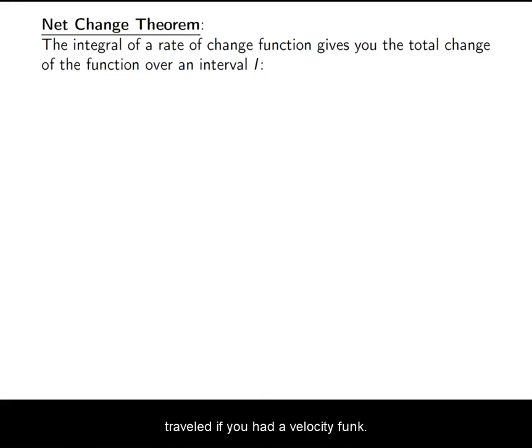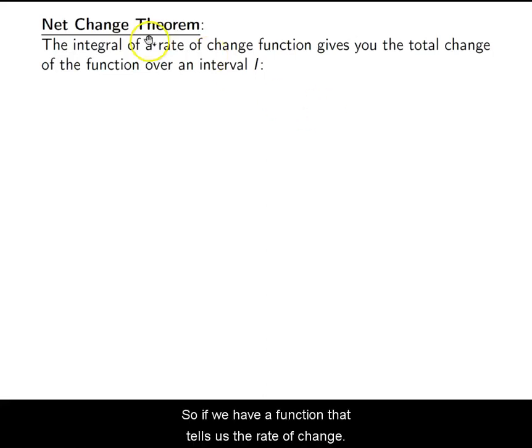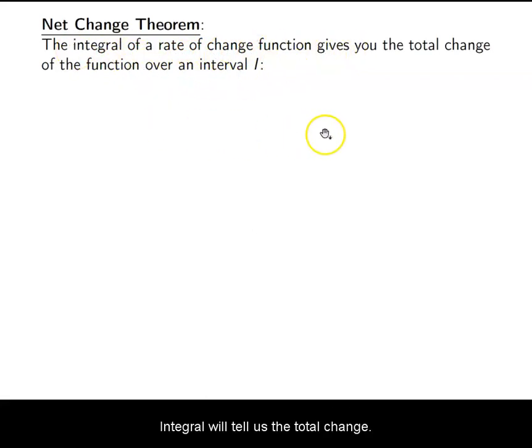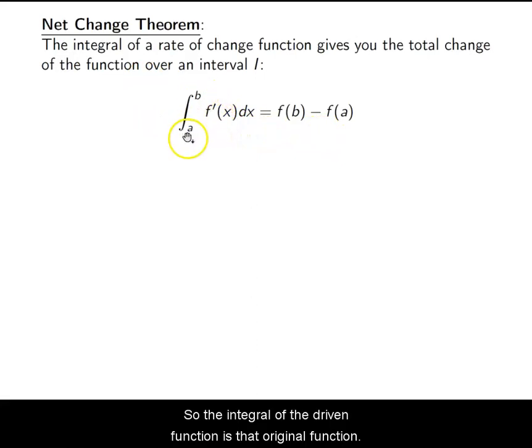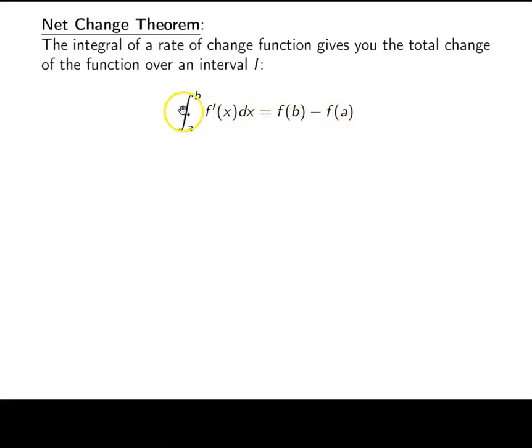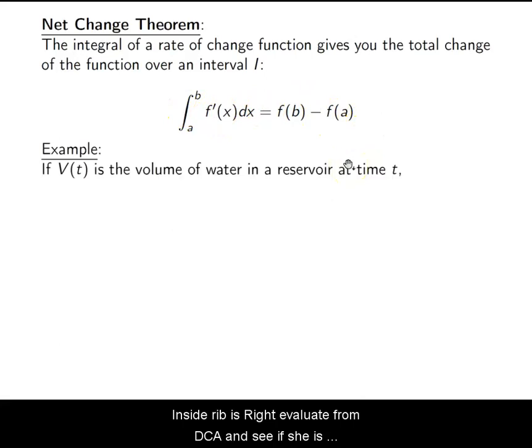How far we've traveled if we've had a velocity function. So if we have a function that tells us the rate of change, the integral will tell us the total change, right? So the integral of f prime, the derivative function, is that original function, the antiderivative, evaluated from a to b. So let's do a quick example.